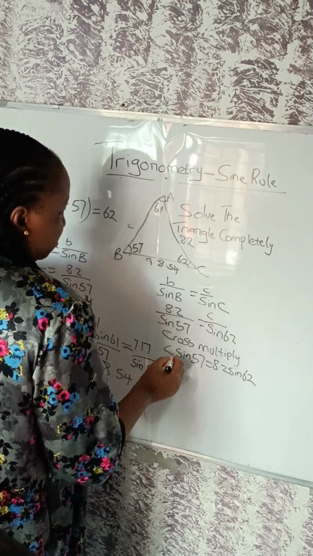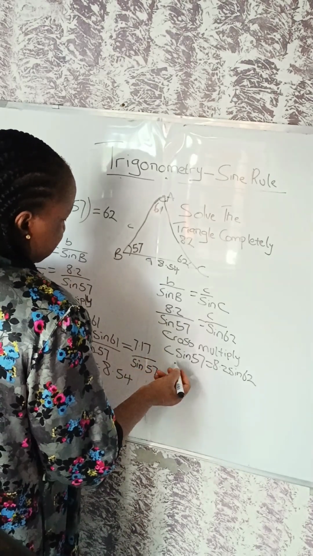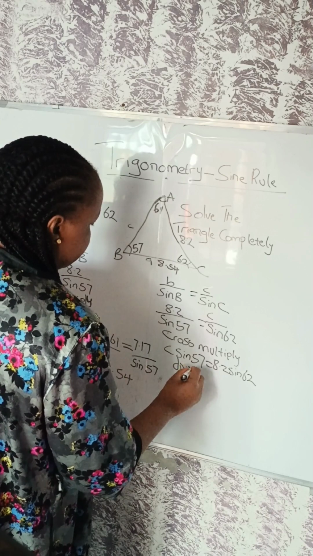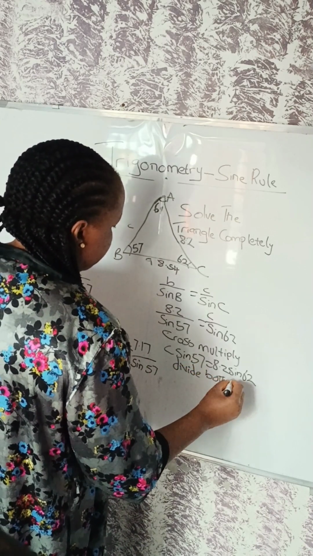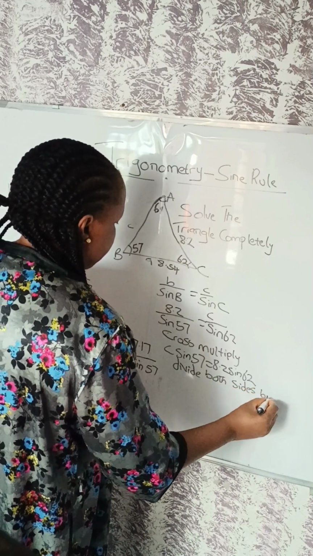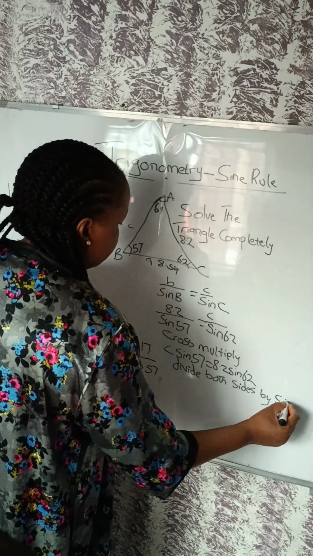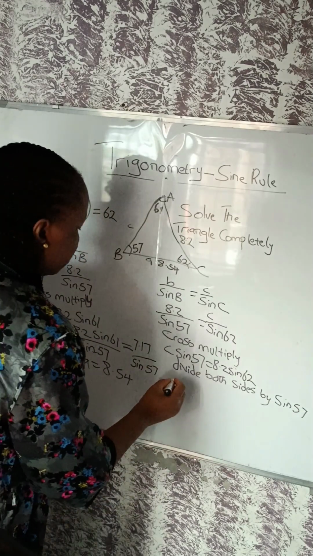So now we divide through by sine 57, so c can stand alone, so we can solve for c. Divide both sides by sine 57. So what do I mean by that?